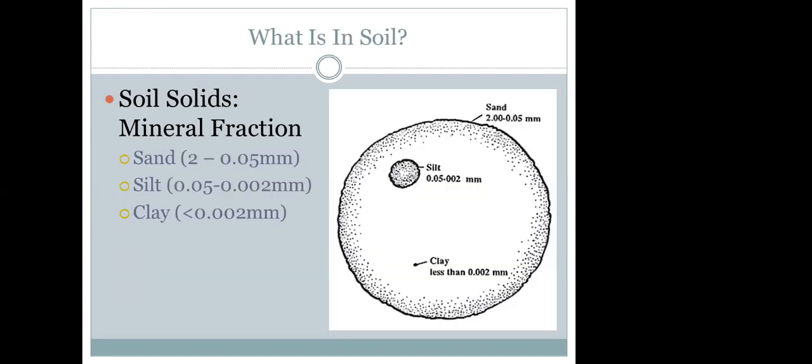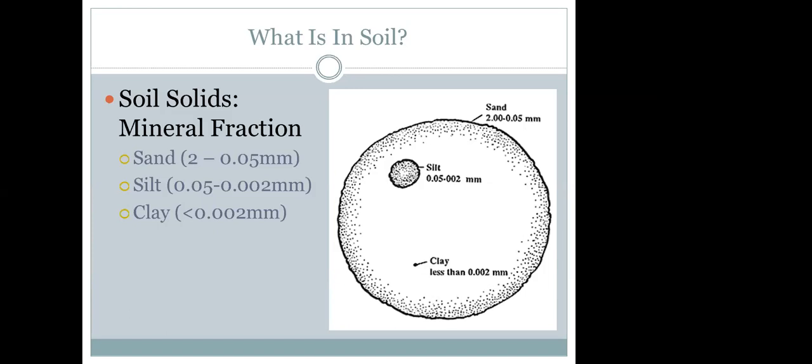So looking a little deeper at the mineral fraction, what constitutes sand versus silt versus clay? The definition of sand, silt, and clay is actually not one based upon the minerals that you find, but the size of the particle. So this is the U.S. Department of Agriculture's definition, but they define sand as any mineral particle in the soil between 2 and 0.05 millimeters in diameter.